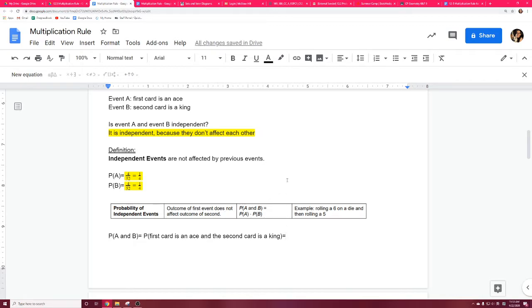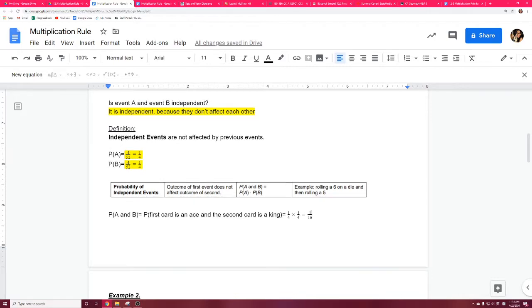To calculate that, we have a formula called the multiplication rule. We just need to multiply the 2 probabilities we found together. So over here we have 1 over 4 times 1 over 4, and we have 1 over 16 as our answer.